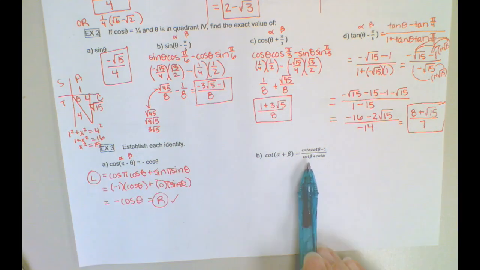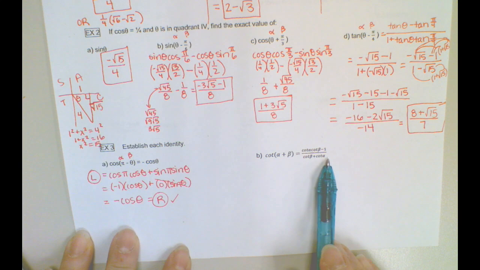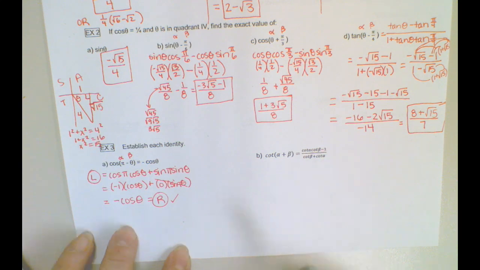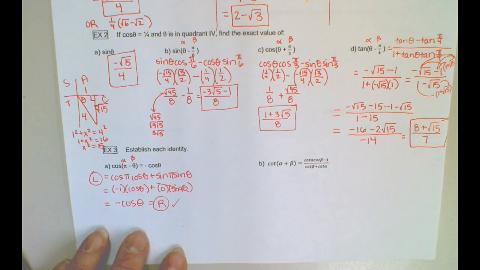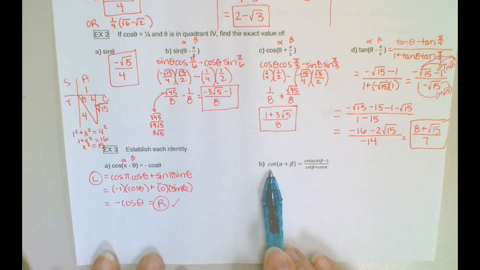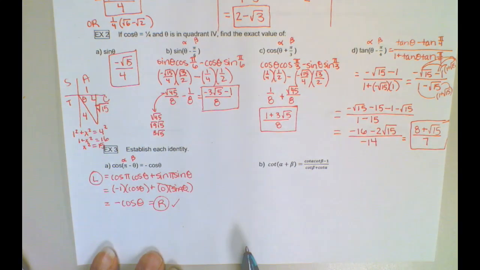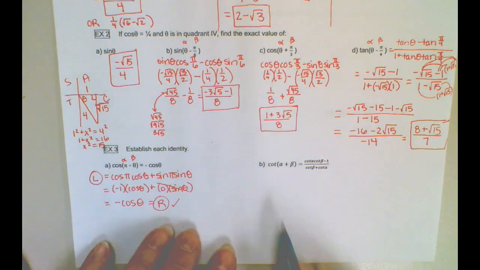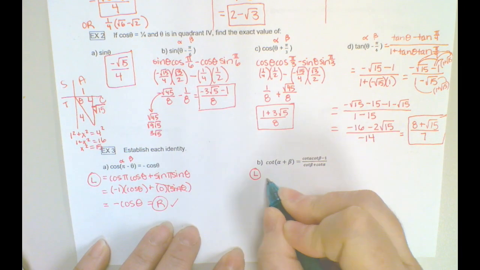If I try to multiply, it's going to make it a lot more complicated. So what I am going to do is rewrite cotangent as cosine over sine, and then use my two identities. So I am going to start with the left this time, again.